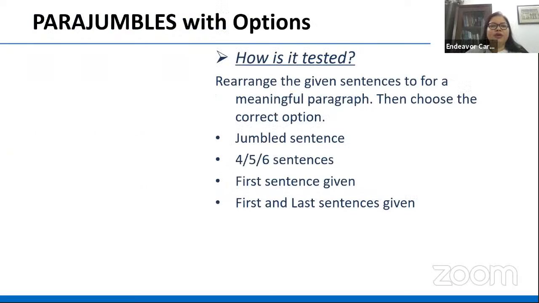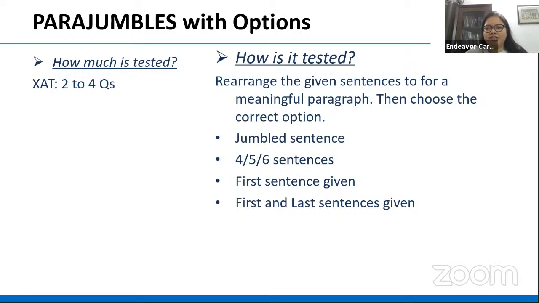Okay. So what about parajumbles with options? How much is tested? You know that in CAT for several years it hasn't appeared, but it is still an integral part of every other aptitude exam. In fact, it was an integral part of CAT as well. It's only in 2015 that CAT shifted gears and went towards parajumbles without options, right?